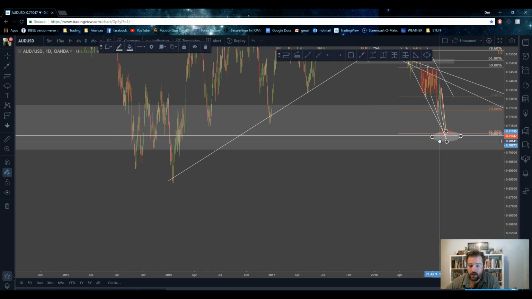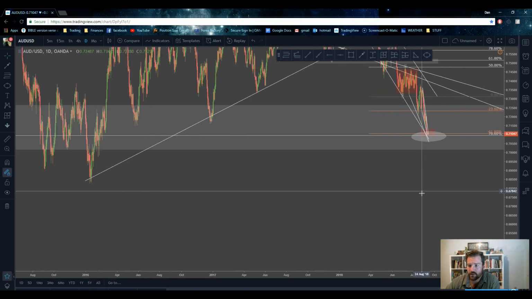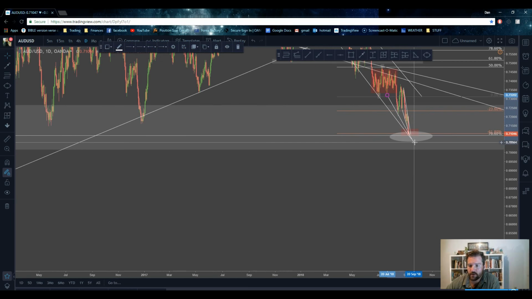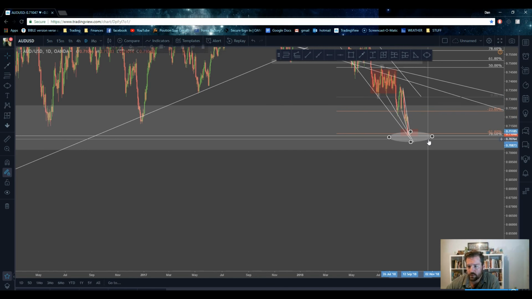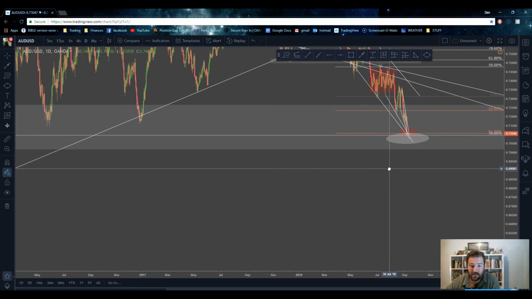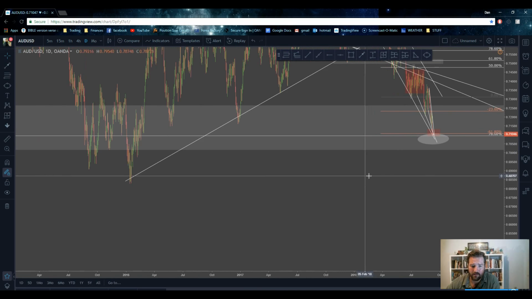This area here is where all my confluence really kind of sits, in between this 100 pip range here, more or less. Okay? From where price currently is down to maybe 70 cents. Okay? So that's essentially 100 pips right now.